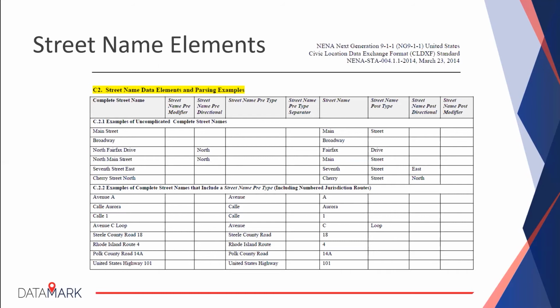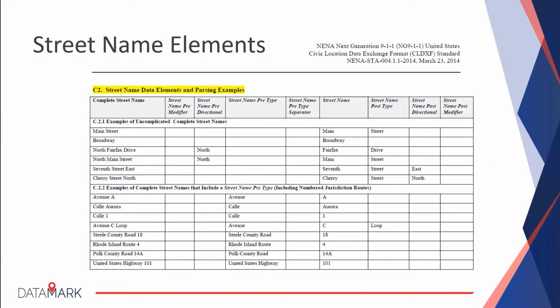One example that has come up in our GIS data transition working group is a street name called Old North Church Road. It was Old North Church Road because the Old North Church used to be on that road, or maybe still is. If you were to strictly apply this, Old would be a pre-modifier, North would be a pre-directional, and Church Road would be the street name and post type.